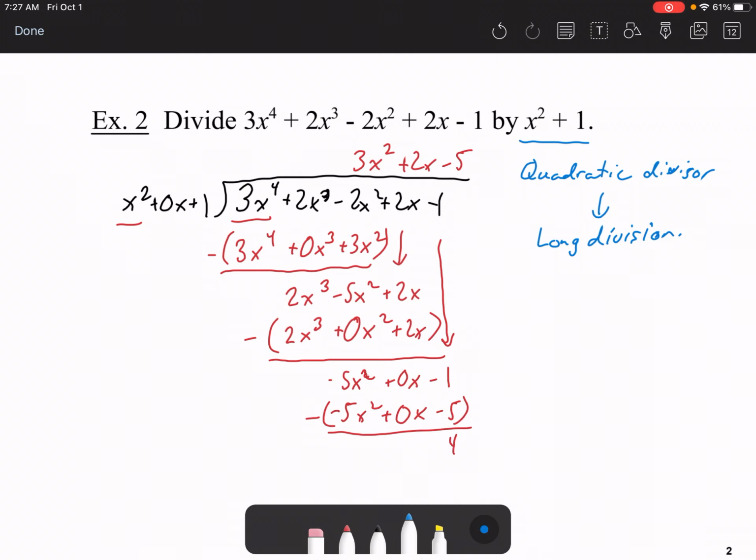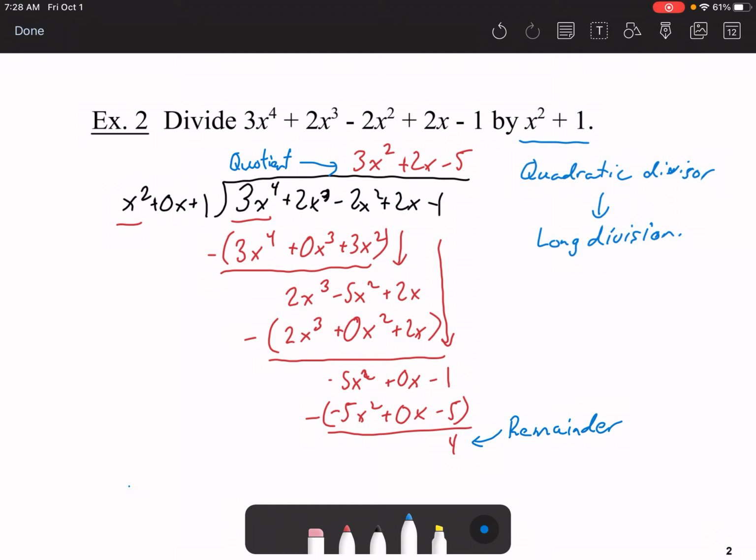What you get is a remainder. As long as the remainder is smaller in degree than the divisor, then you should be okay. This part up here is called your quotient. So what you can do is write a division statement.